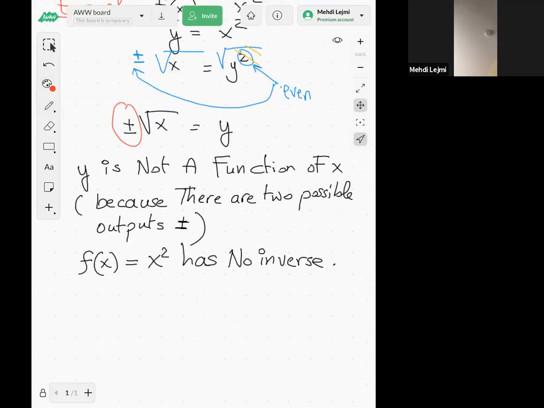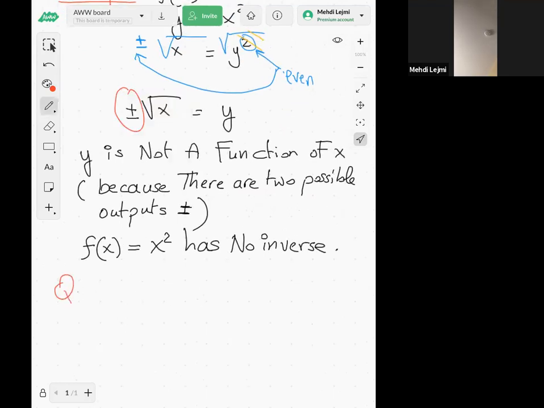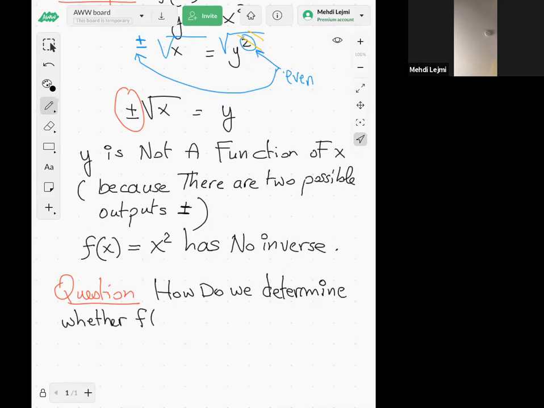So the next question is, how do we determine whether f of x has an inverse using graphs?